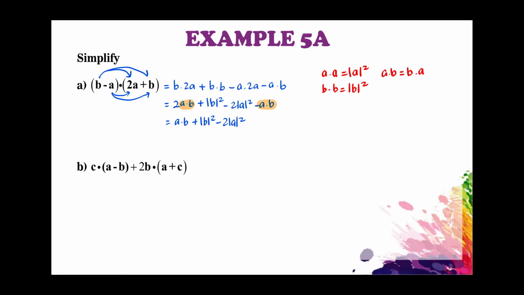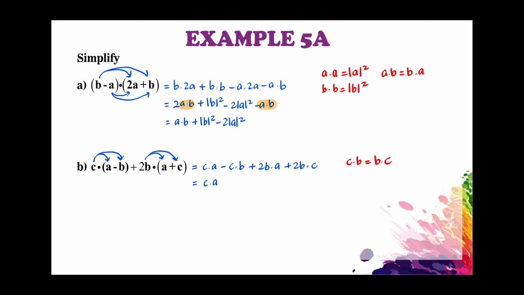Now, we proceed with part B. The same pattern, which is we have to expand one by one. So we're gonna have the first part, which is C dot A minus C dot B plus 2B dot A plus 2B dot C. So C dot A will remain like that. And then we can change the C dot B to B dot C. As you can see, it's the commutative property.